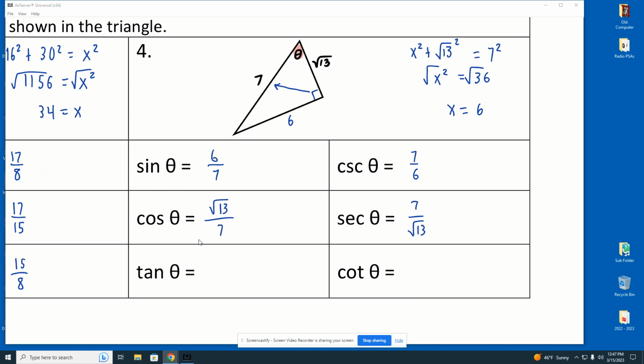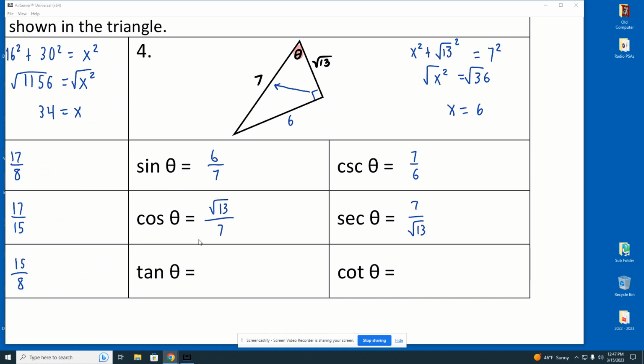Let me explain it, okay? Multiply both sides by square root of 13. I'll explain that in just a second. Let me go ahead and finish all these up, and then I'll go back and talk about that. Because you're right. But me personally, I just don't see. I'll get back to it.